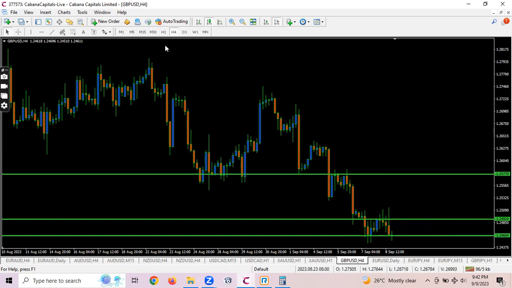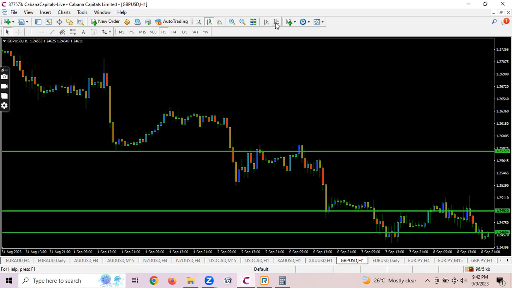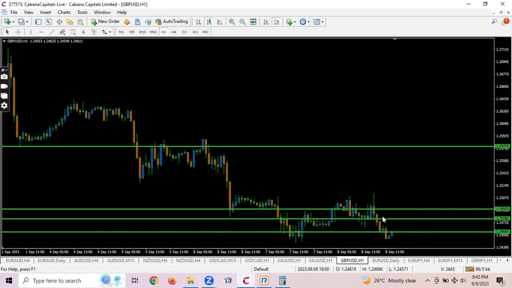You could also go down to 1 hour. Let's see if the resistance on 1 hour is different. So this was a support, so now resistance. You can use this as your supply zone or resistance zone, or you could also use this.